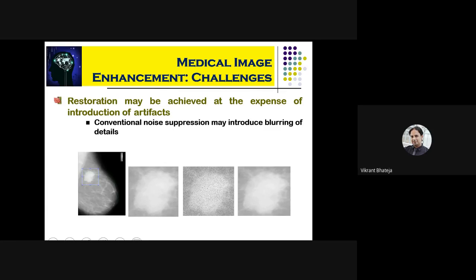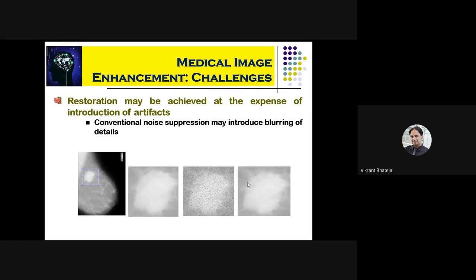Now suppose noise is present in that image, then a suitable solution that may appear to anyone is to apply conventional noise suppressing algorithms. So you see over here, if this is your original image and the noise appears in this image, and you apply a conventional noise suppression algorithm, what you see in this last image is that the edges have become blurred in this particular region.